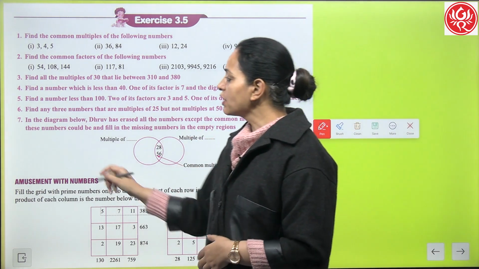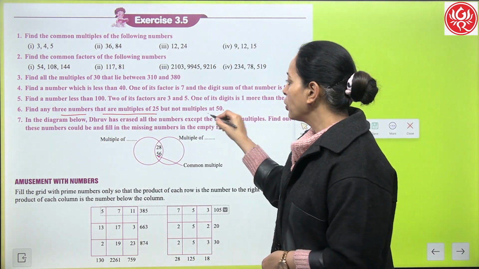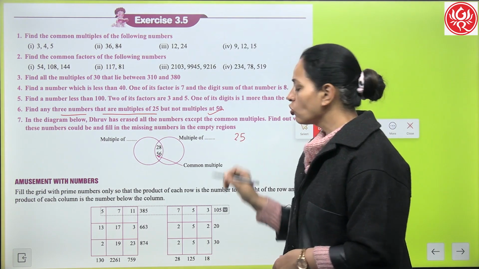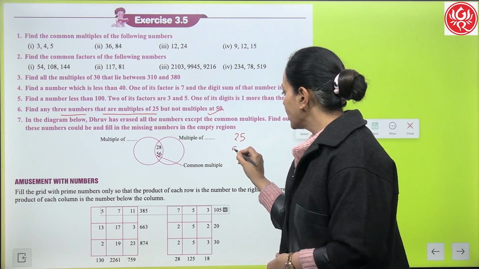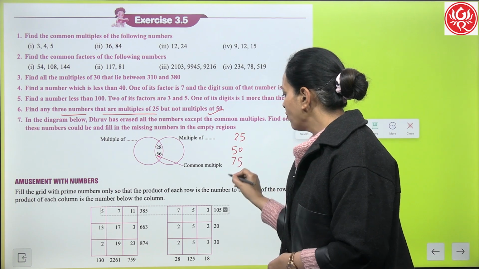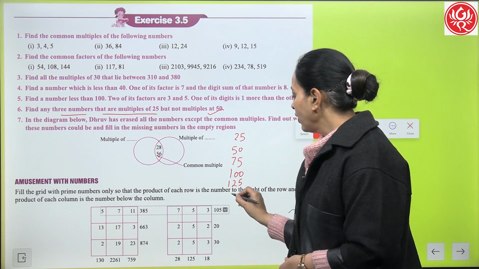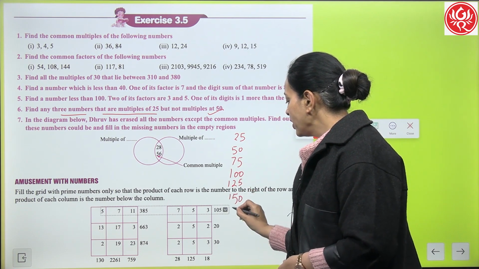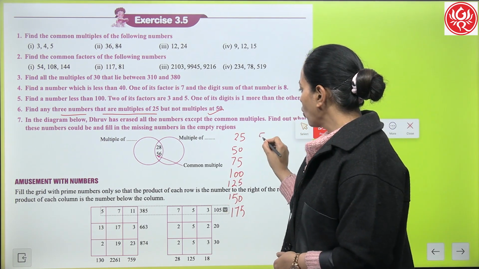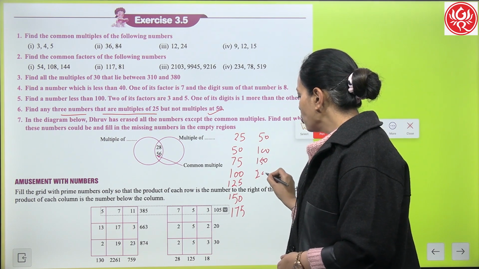Now question number 6, find any 3 numbers that are multiples of 25 but not multiples of 50. So first of all, write the multiples of 25. 25 ones are 25, 25 twos are 50, then 75, then 100, then 125, then 150, then 175 like this, and multiples of 50, that is 50, 100, 150, 200.